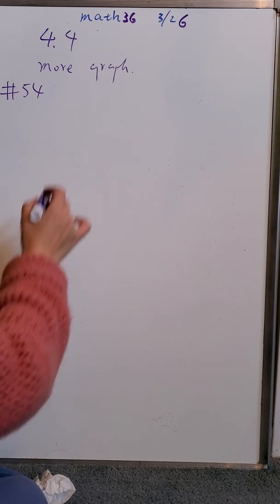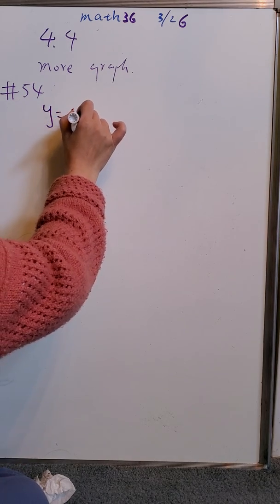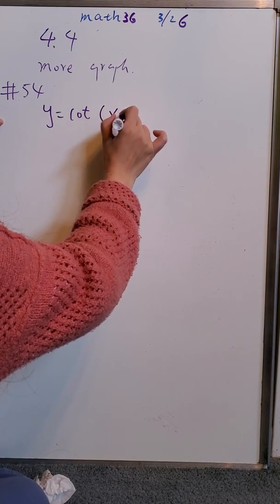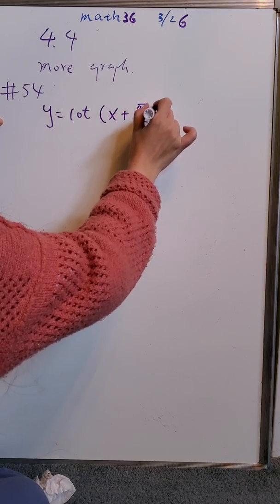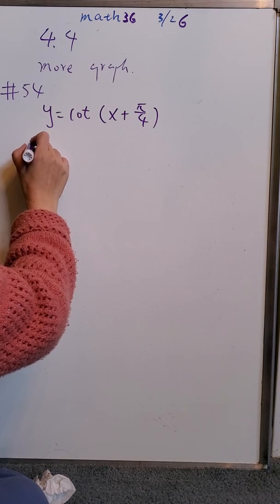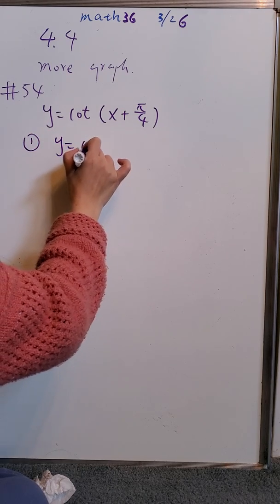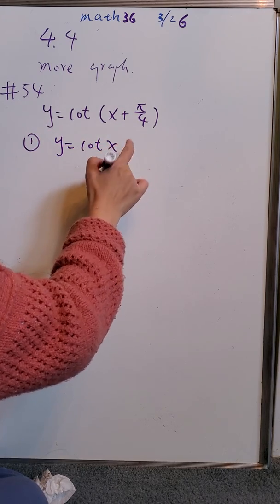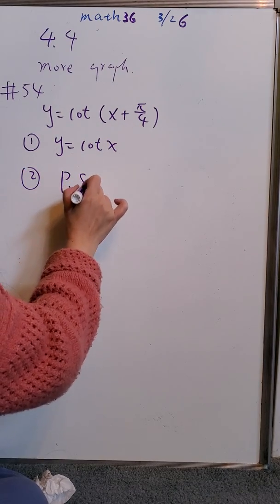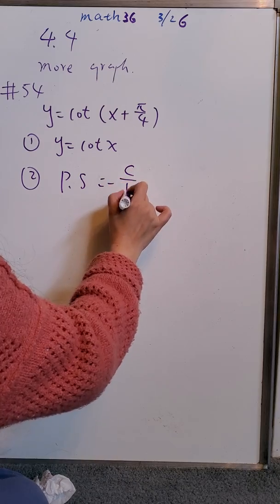y equal cotangent x plus pi over 4. So this time they actually have a phase shift. First we're going to graph y equal cotangent x. And the phase shift is the same formula: phase shift is equal to negative c over b.